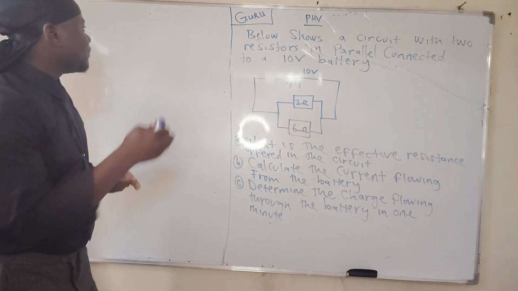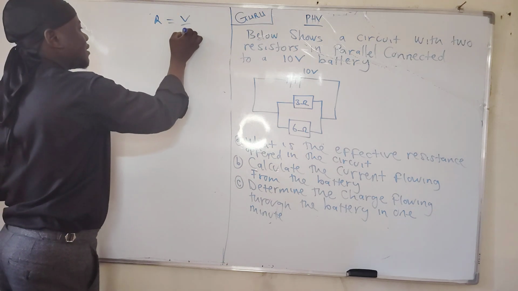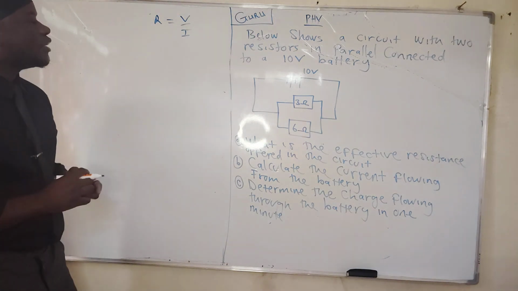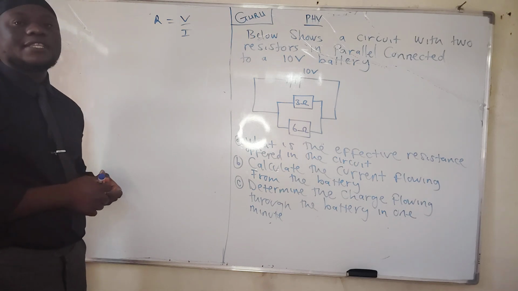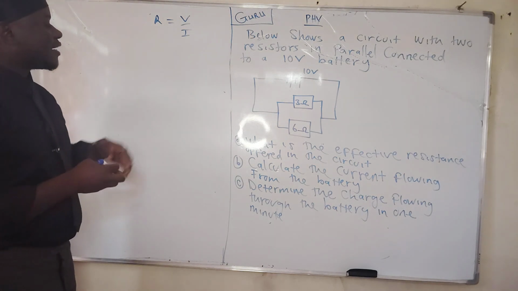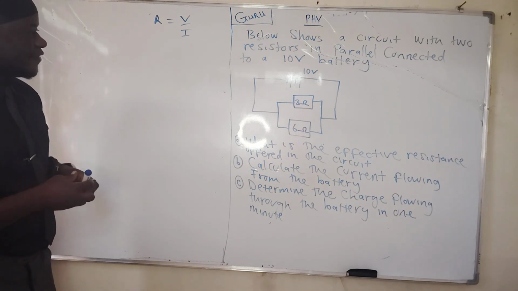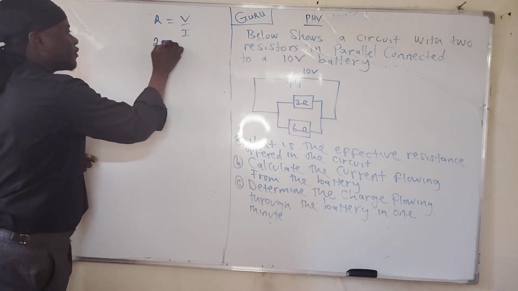So in short, you use the formula for Ohm's law. Because we are calculating the total current in the battery, where there is R, you put the total resistance, or effective resistance, 2.